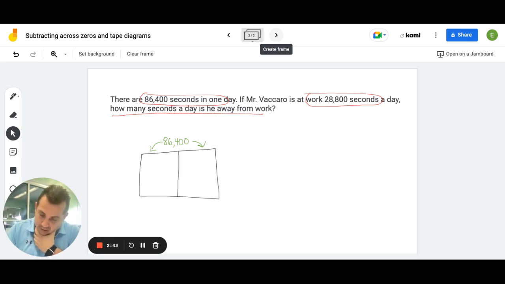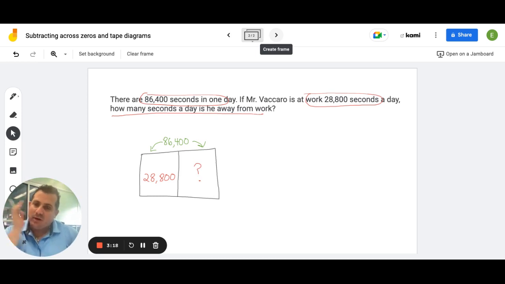I know there are 86,400 seconds in a day, and that's why it's my total. I'm at work for 28,800 seconds, and I'm trying to find out how many seconds a day I'm away from work. So that's going to be my question mark. That's what I'm trying to find.